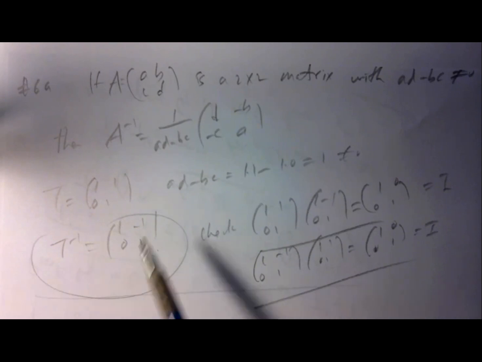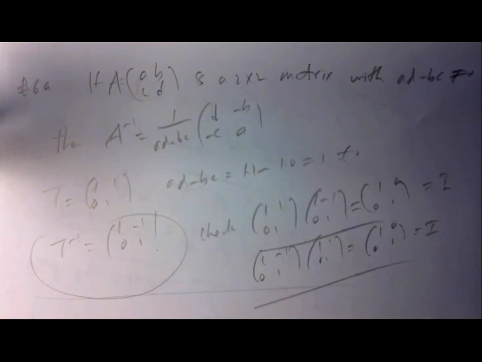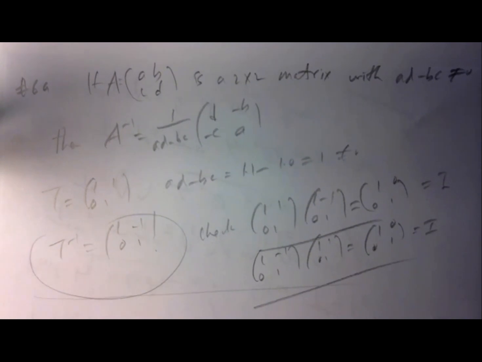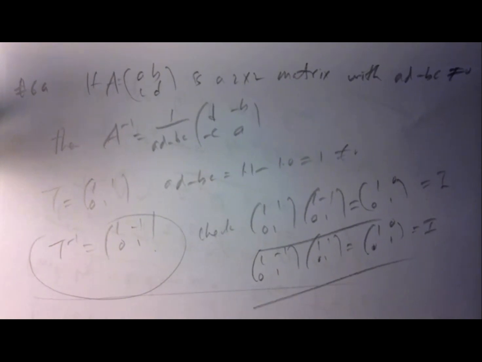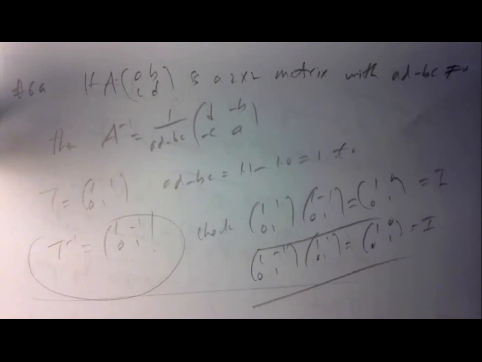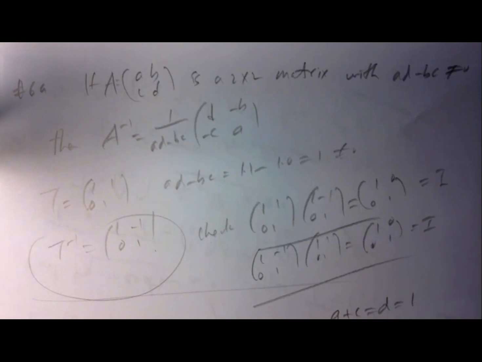Now, if you didn't remember the formula for an inverse of a matrix, you could go like this. You would say, well, 1, 1, 0, 1 times some matrix A, B, C, D is supposed to be the identity. And when you multiply this, you get A plus C, B plus D, C, D. So if that's going to be the identity, then A plus C and D have to be 1, and B plus D and C have to be 0.